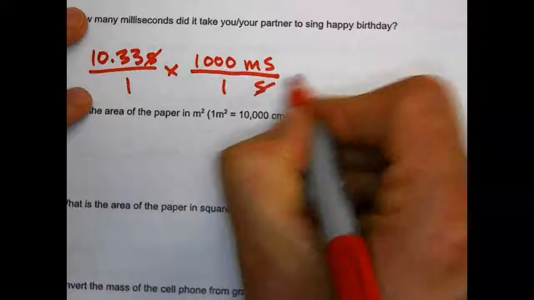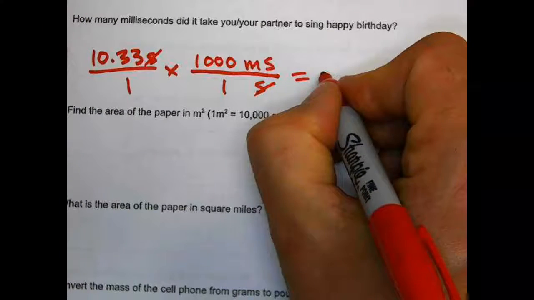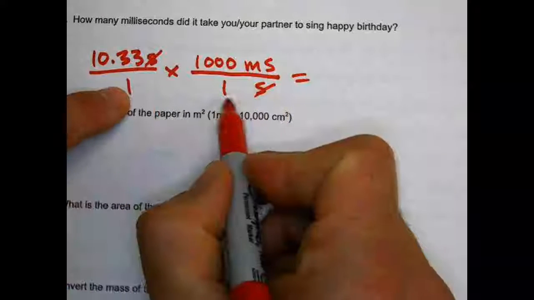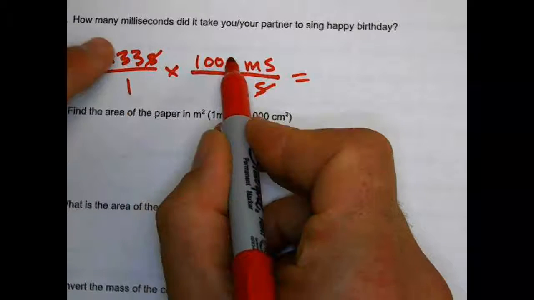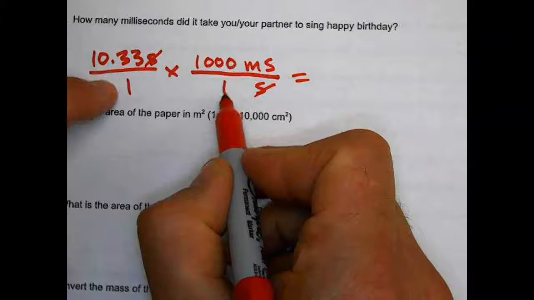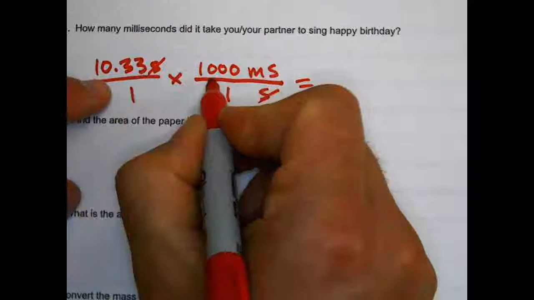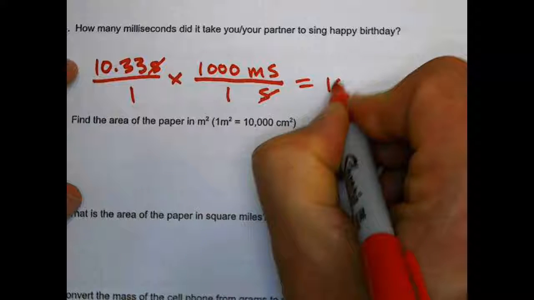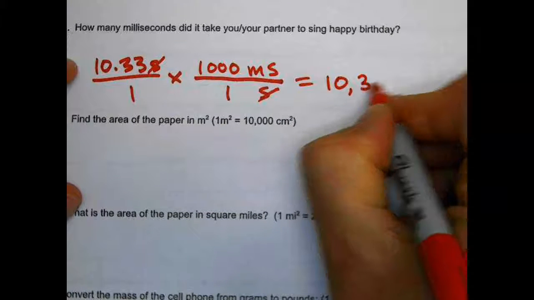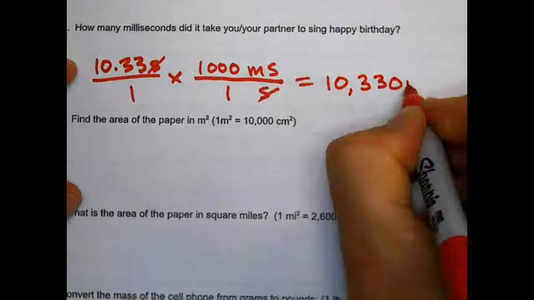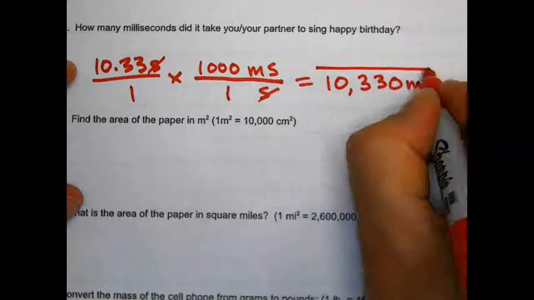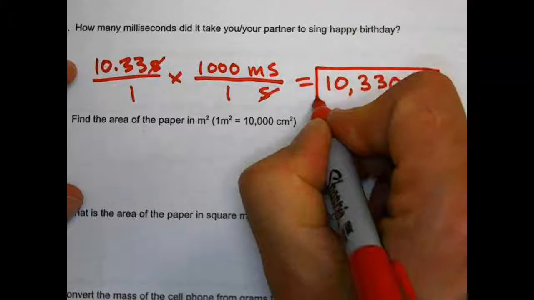Seconds cancels. I could multiply the 1s by each other on the bottom and divide my answer by 1, but that doesn't do anything. So I'm just going to ignore the ones and just do 10.33 times 1,000, which of course would be 10,330 milliseconds.